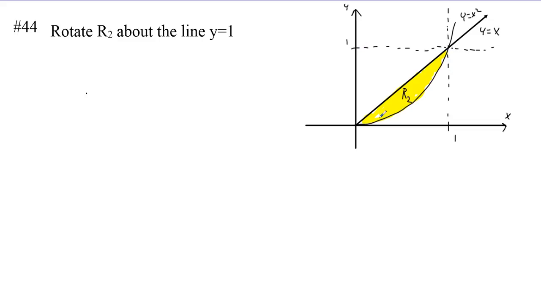I have a straight line, the line y equals x, that's this line right here, and then I have a parabolic curve, y equals x squared, right here. If I were to rotate that, you think of a straight edge cone on the inside, and then on the outside, I'm going to have almost like a mirror shape. So I have to set that up.